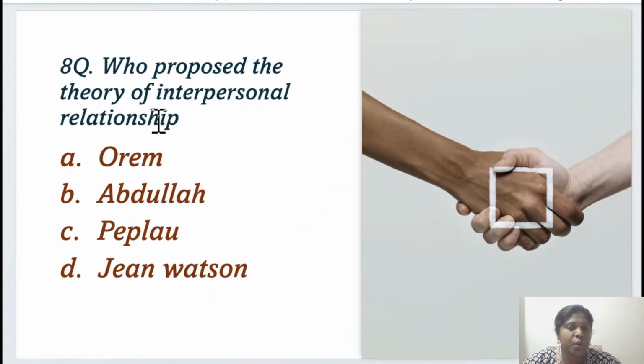Okay. Next question. Who proposed the theory of interpersonal relationship? Whether it is Orem, Abdullah, Peplau or Jean Watson. I can give a hint for this question.